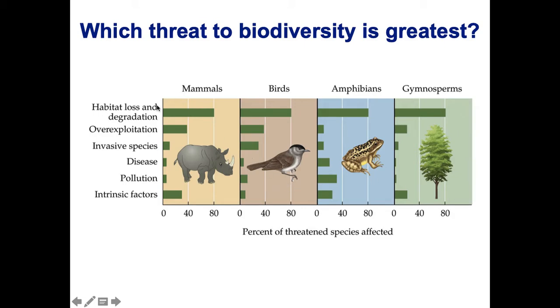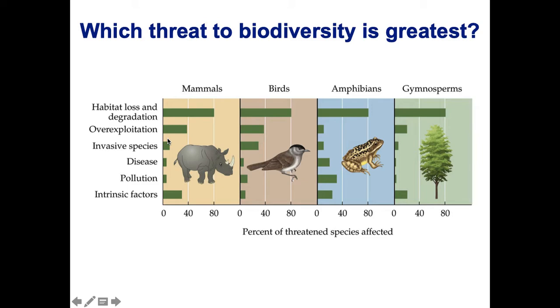And you can see for all four of these groups, habitat loss and degradation affects the most species in each one. Now, not every species has habitat loss as the biggest problem, but it is the most commonly occurring problem. And you can see that 80% of threatened species are affected by habitat loss in all of these groups.